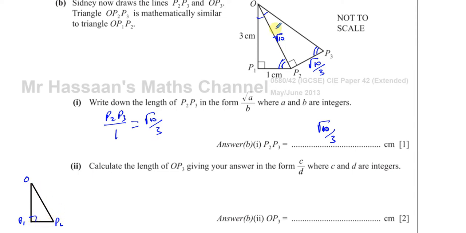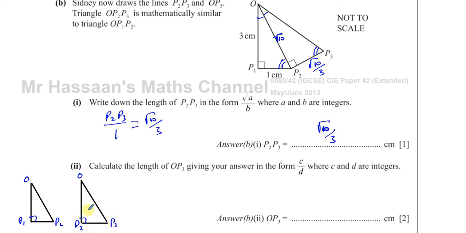Now I know that this length in this other triangle is the same as that length here, so I can just copy and paste it. I'll try and keep it the same length. This is now OP2. I'm just drawing it standing up on its side. This is OP2, and then I've got a similar triangle to that one. And this is now P3.